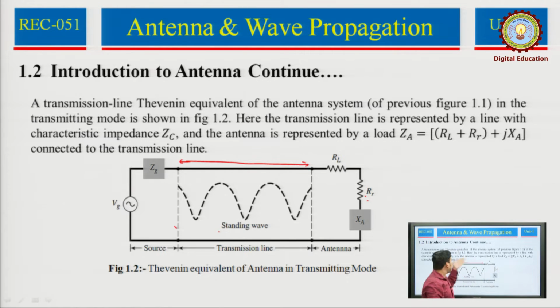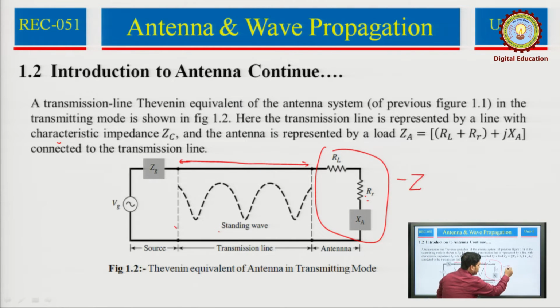So, if you combine these, the total is nothing but ZA, and we have represented ZA as RR plus RL plus the reactance part jXA. So, this is ZA, this is Zg.